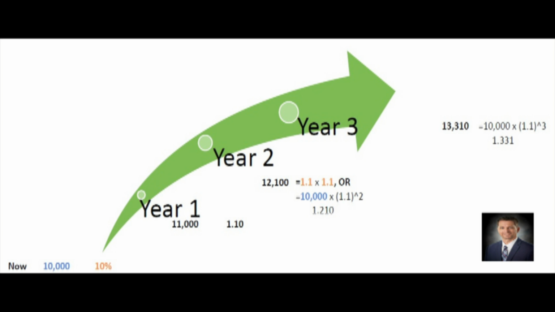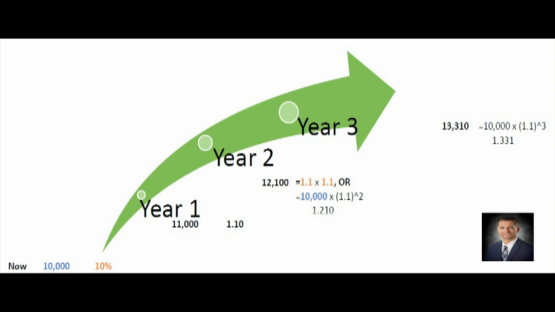So we can take 10,000 times 1.1 times 1.1, or we can simply take 10,000 times 1.1 raised to the second power. Okay, and that little hat symbol is above the 6 key on your keyboard. And so in Excel, what that does is it raises 1.1 to the second power. So the factor, if we're going to go out 2 years, is 1.21.